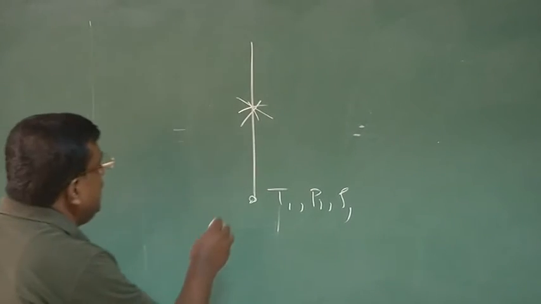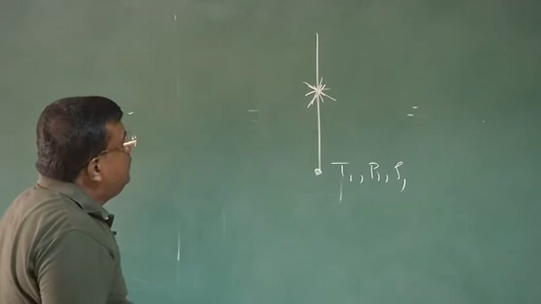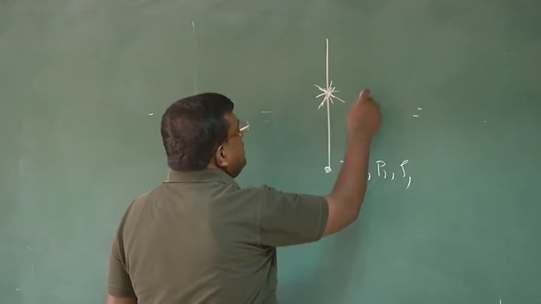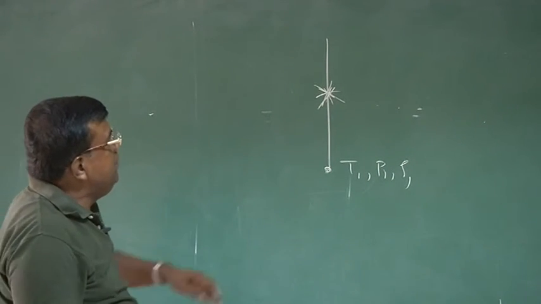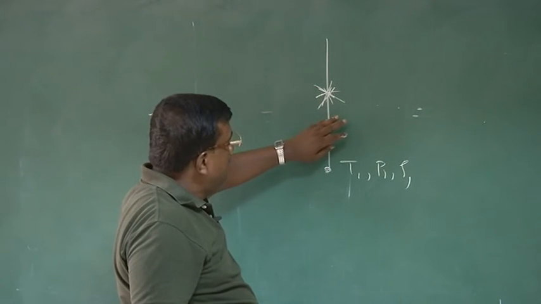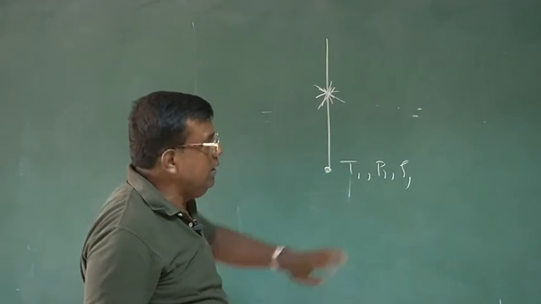We are working towards the method to find out the thermodynamic variables, temperature, pressure and density, at different altitudes, given the initial conditions T1, P1 and rho1, right?